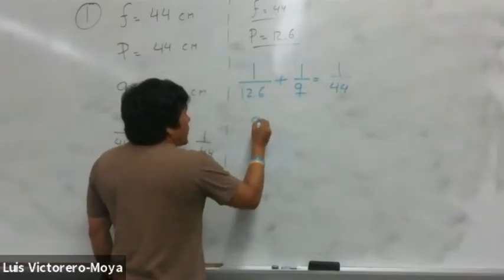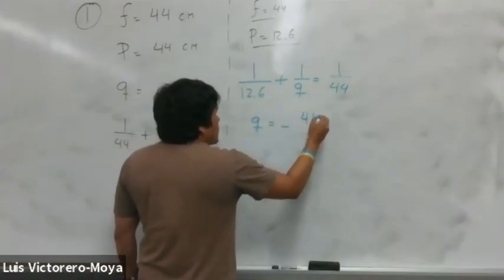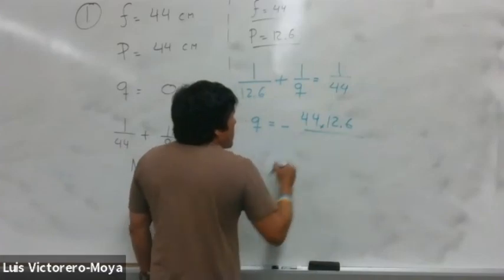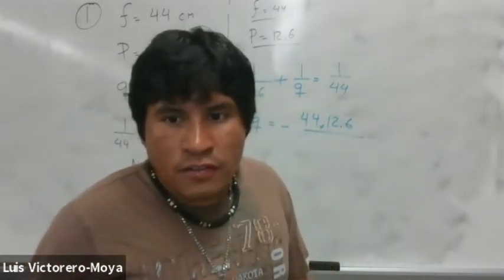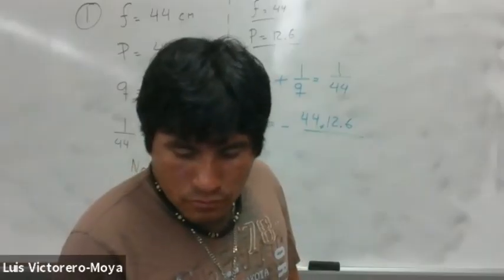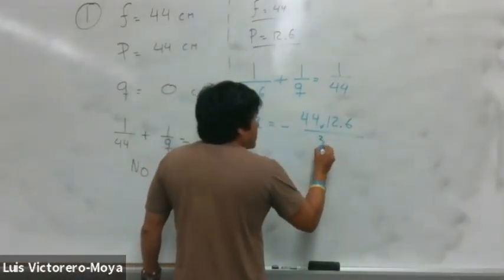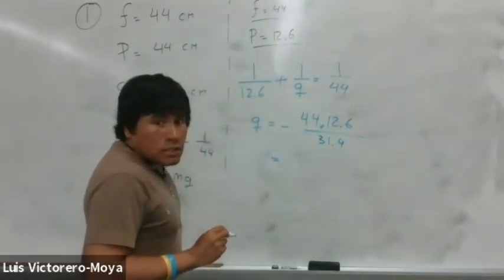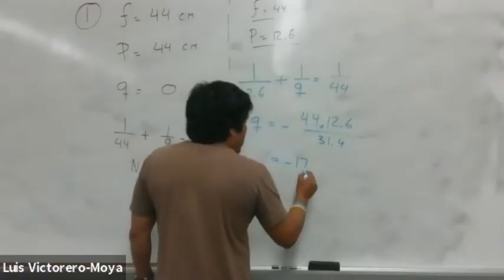When you solve this, you will get minus over 44 minus 12.6, 31.4. That should give you approximately minus 17.5.